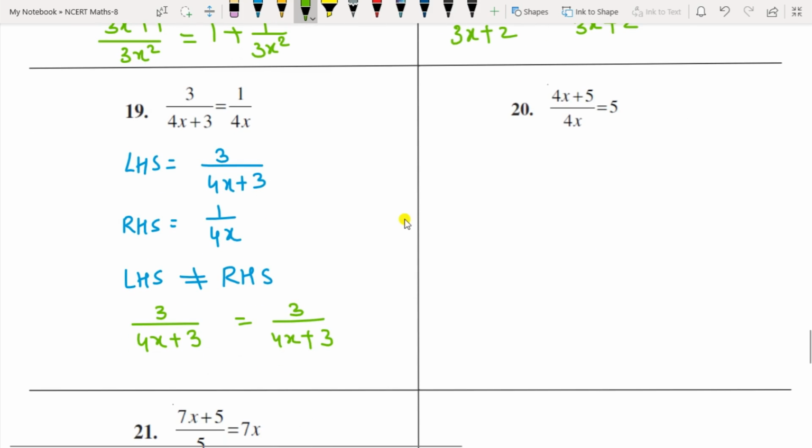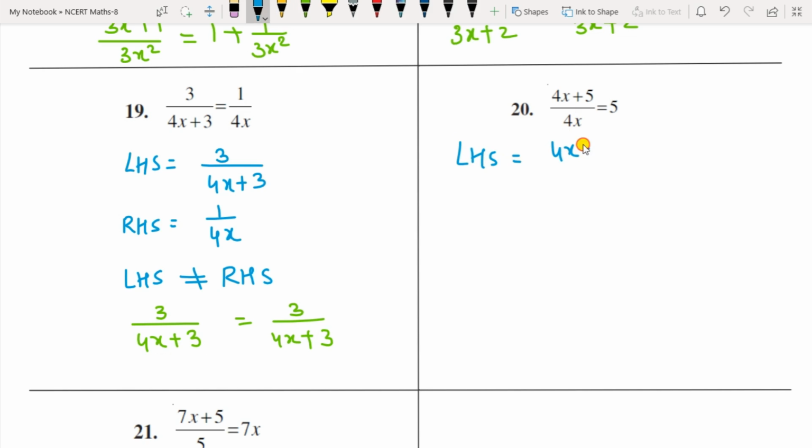Same thing here also. Here denominator is binomial, so you cannot solve it. Okay, and therefore RHS is given as 1 by 4x, which is not equal to this, and therefore the correct mathematical statement is this one. Next one here, LHS is, now it is monomial at the denominator.